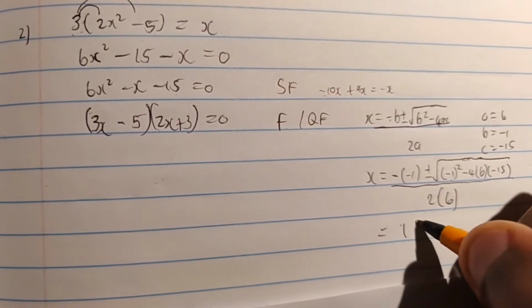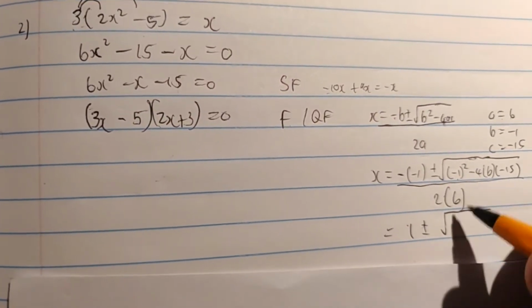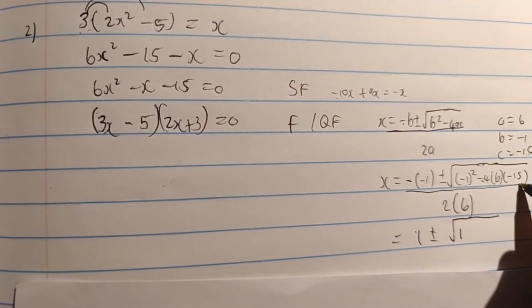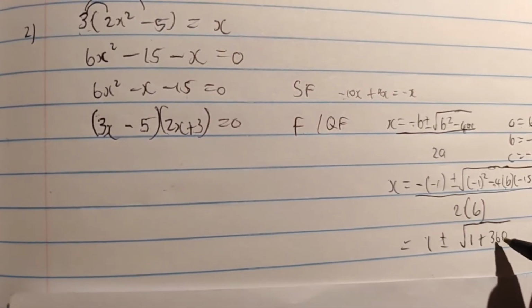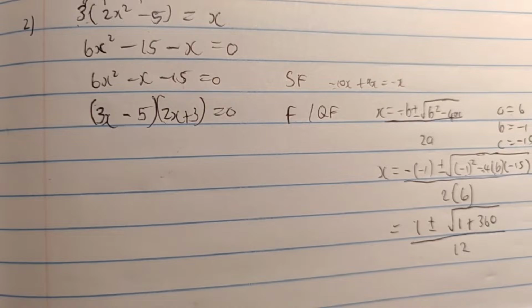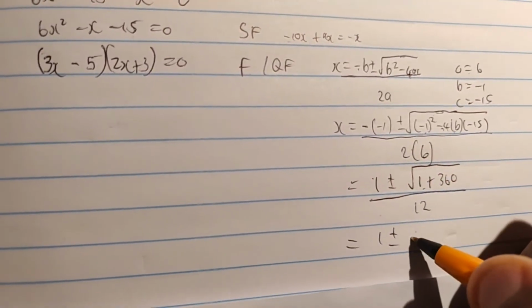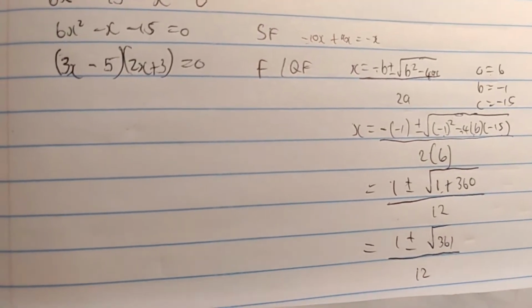Negative times the negative is 1, plus minus the square root, -1 squared is 1. -4 times 6 times -15 will give you plus 360, all over 12. So you have 1 plus minus 1 plus 360 is 361, which is all over 12.